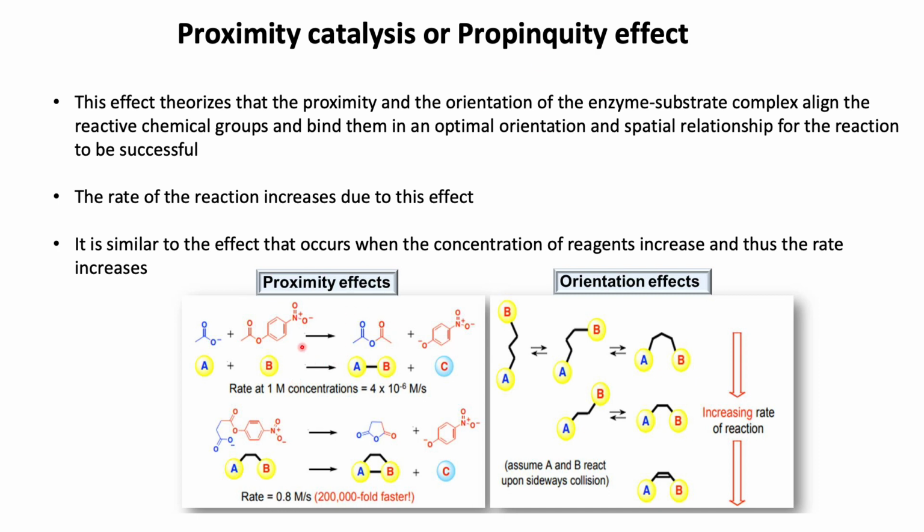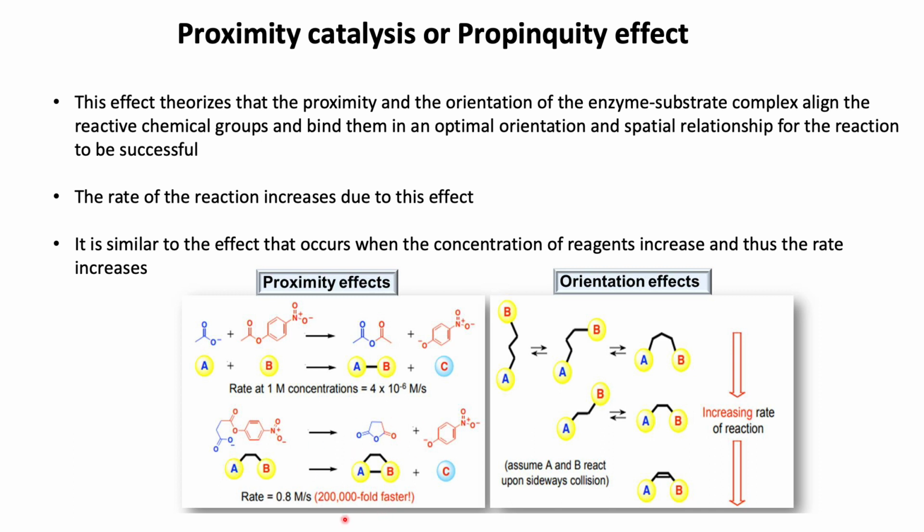For example, to have a simple explanation, you can see that A and B are the reactants here, like it could be the enzyme or the substrate. They are in a specific orientation where the reactive groups are not close to each other. So here the rate of the reaction is very slow. Whereas here both the reactants are in a certain conformation that brings them close together.